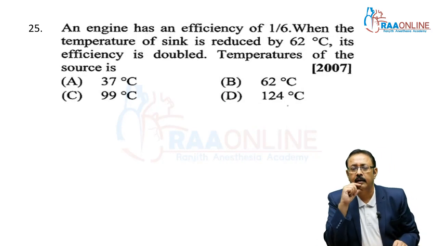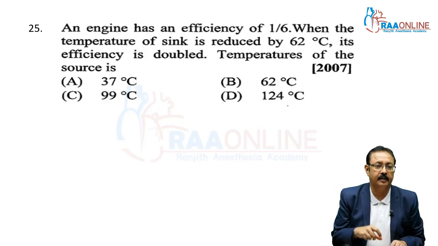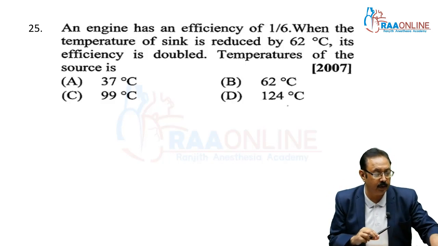Next, an engine has an efficiency of 1 by 6. When the temperature of the sink is reduced by 62 degrees centigrade, its efficiency is doubled. The temperature of the source is, we just completed this problem.